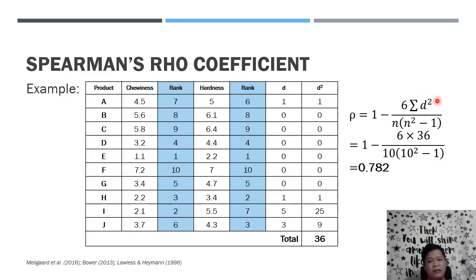Since the D is based on rank difference, we first have to translate these interval or ratio variables, chewiness and hardness, into ranks from lowest to highest. Then we do the rank difference.